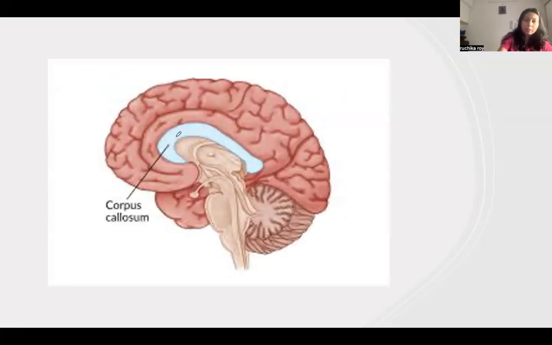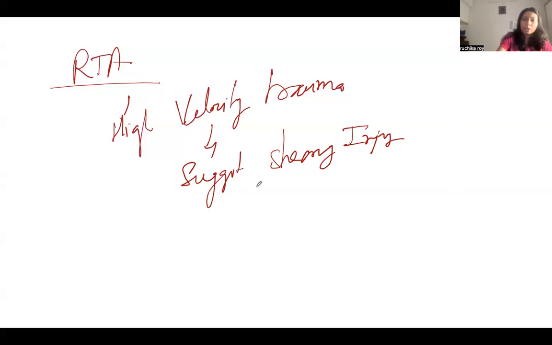In the corpus callosum you will see multiple petechial hemorrhages. Along with this, there is another site, the brain stem, where you can also find the same petechial hemorrhages. So there is a shearing injury.